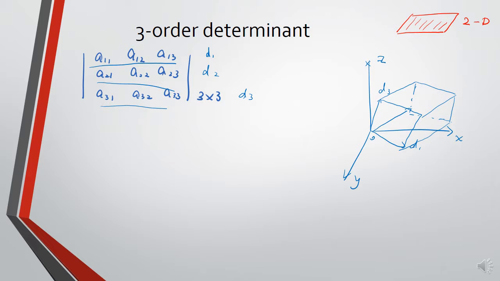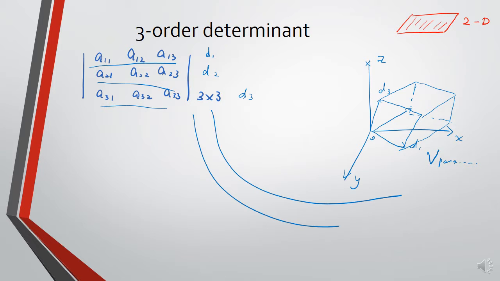So here we can say that it must have a volume, and similar to the definition of the second order determinant, the third order determinant is nothing but the volume of this parallelepiped. So this volume equals the value of the third order determinant.